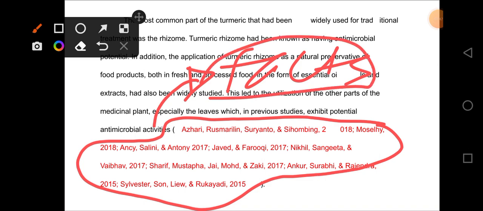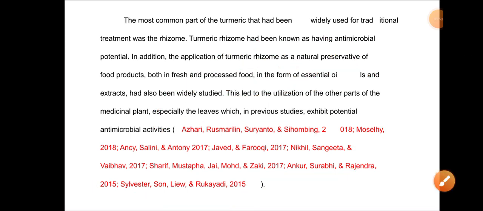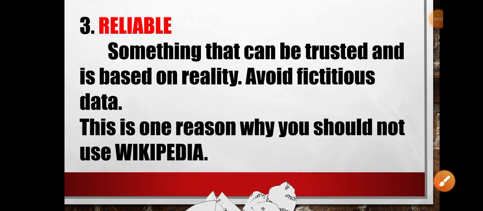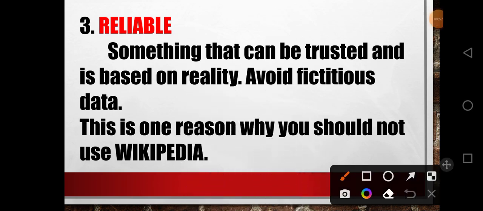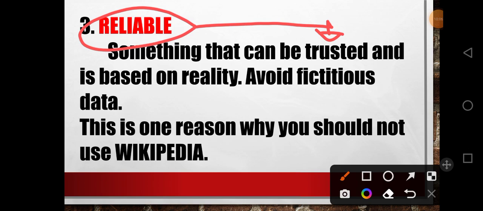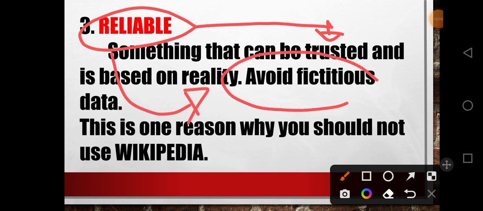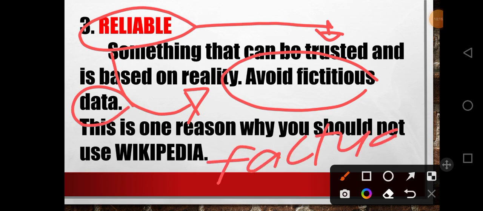And when we have factual evidence coming from our RRLS, it means that our study is deemed to be reliable. So that is another characteristic of a good RRLS. It must be reliable. So when we say reliable, it must be trusted, and it must be based on reality. We must avoid data that are considered to be fictitious. All data must be factual.